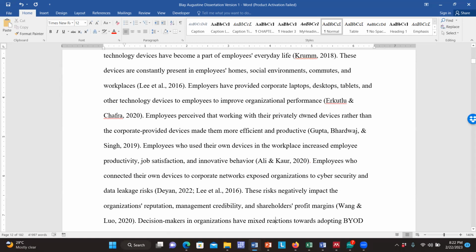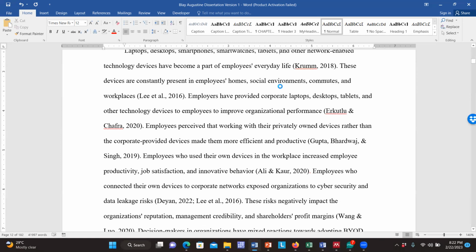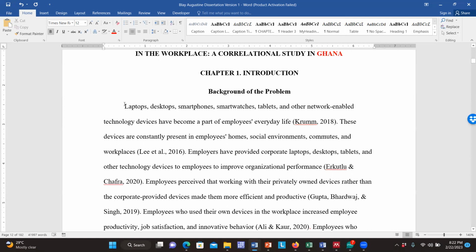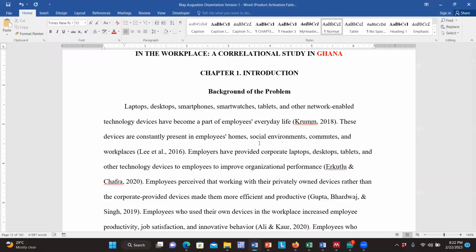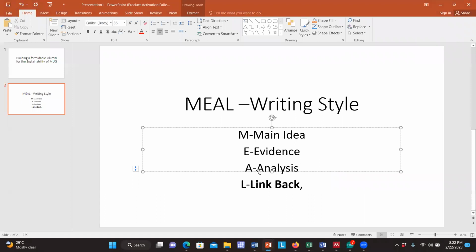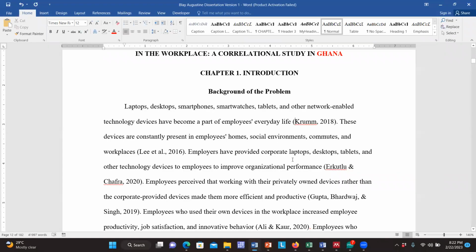Now, I can tell you this. From this point, where the main idea came and he was giving evidence, the rest of these issues were all analyzing. So we're moving to the next. That is what? Analyze. Because the second one was being catered for, the evidence is here, isn't it? Right? The reference. So the rest of the statement was around the idea, explaining, making sense out of what?